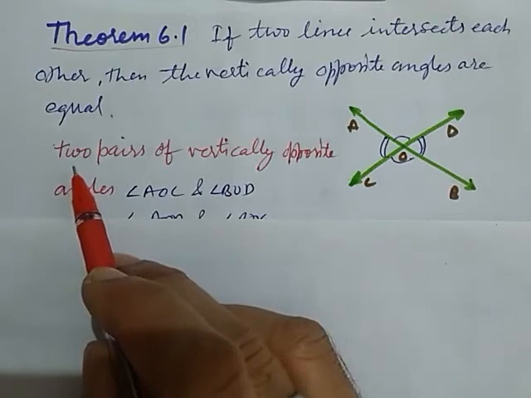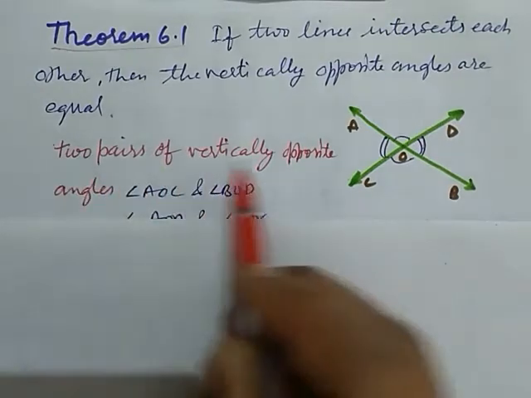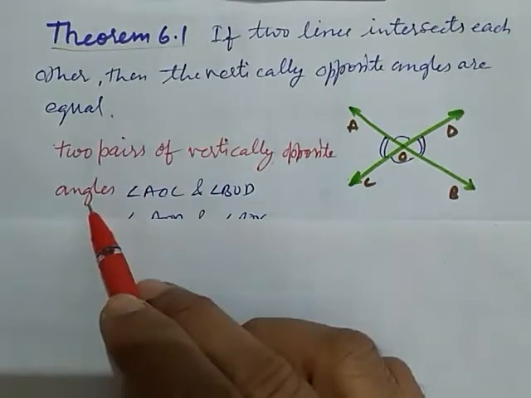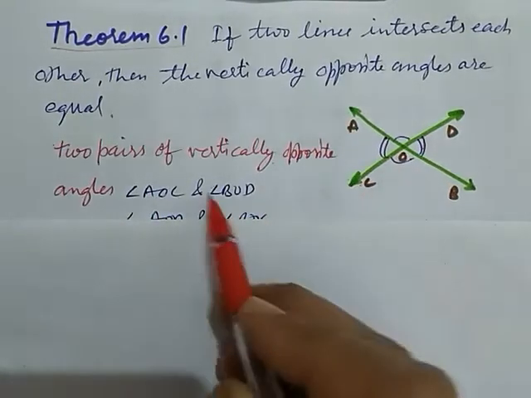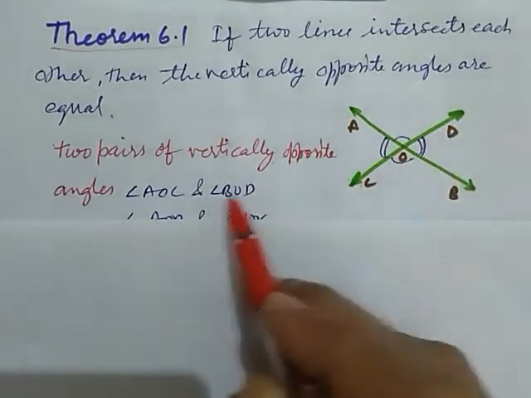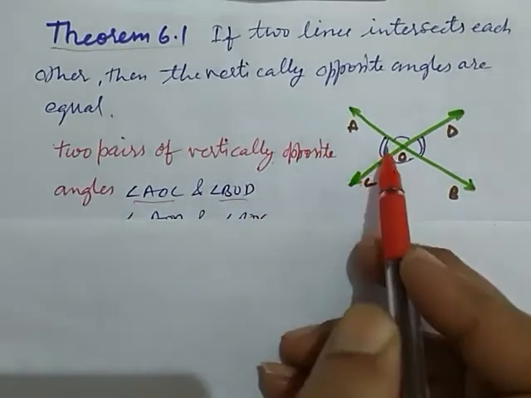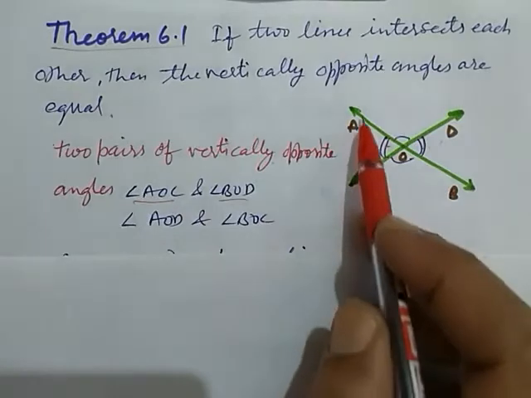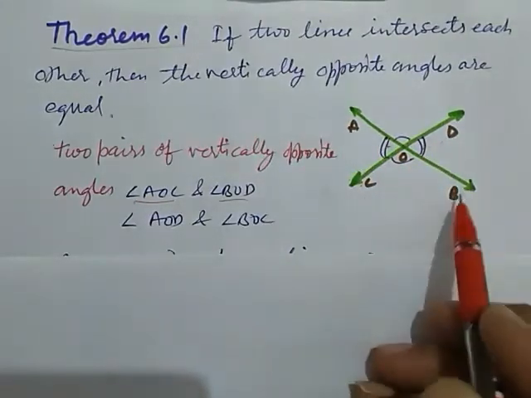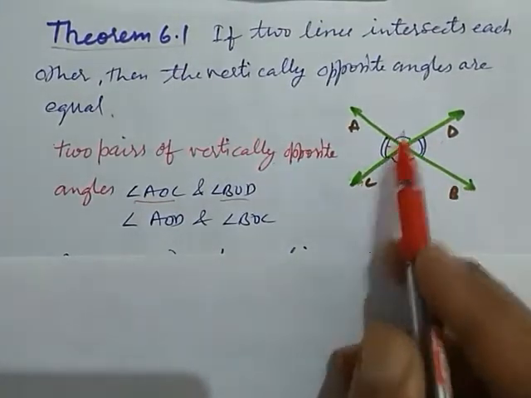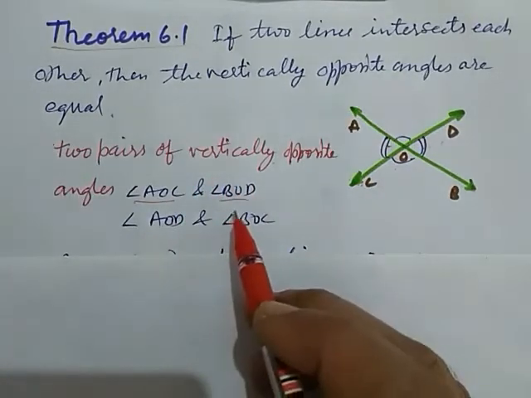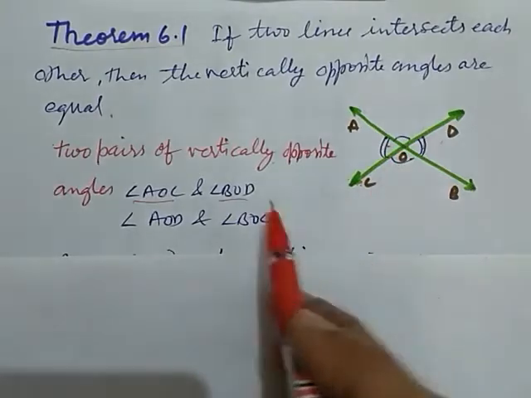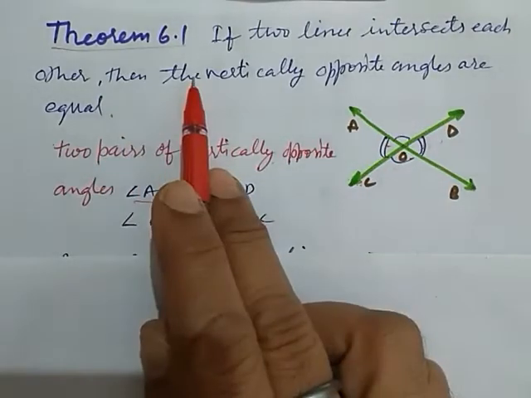The conclusion is two pairs of vertically opposite angles, angle AOC and angle BOD, and angle AOD and angle BOC. These two pairs of vertically opposite angles are formed and they are equal according to this theorem.